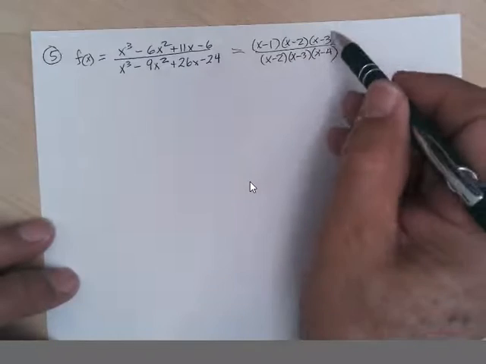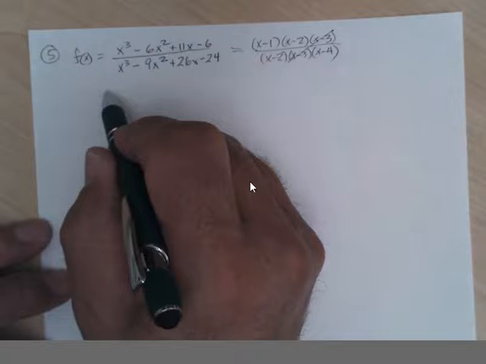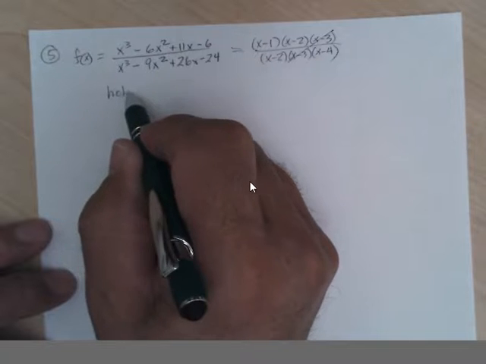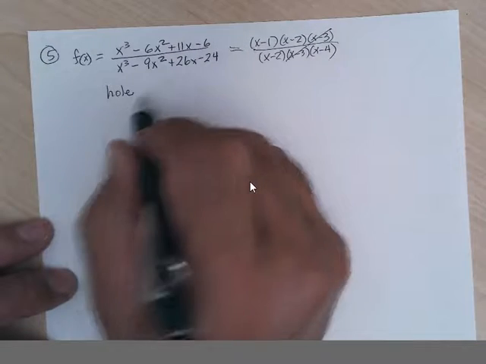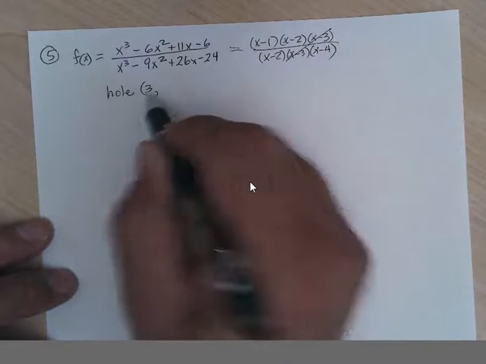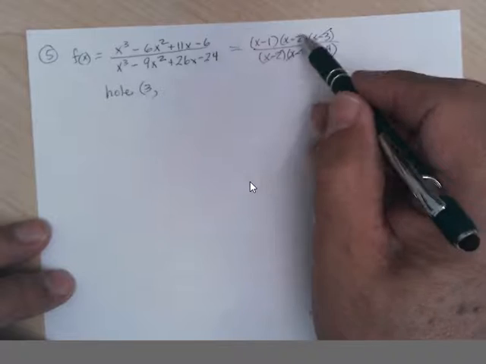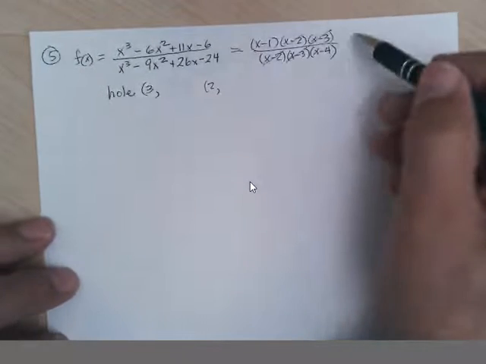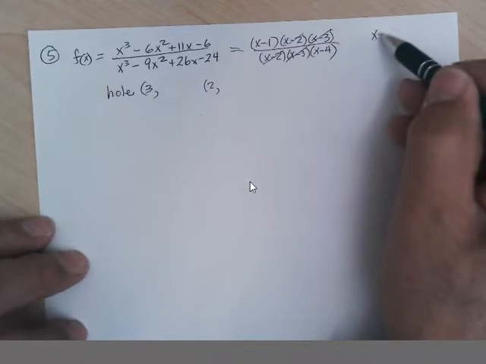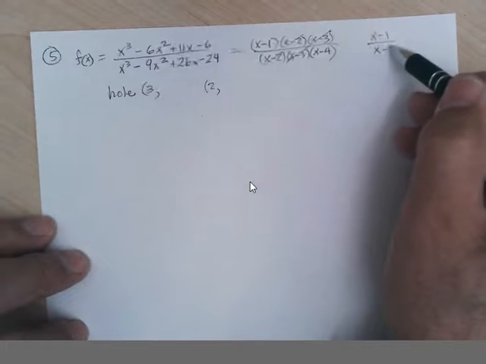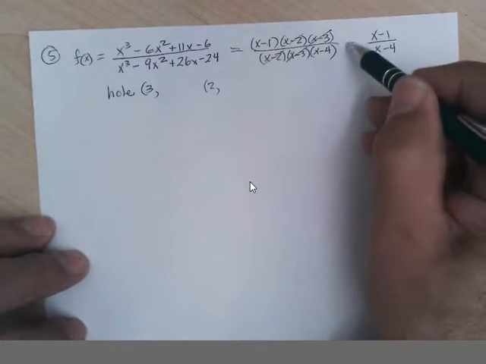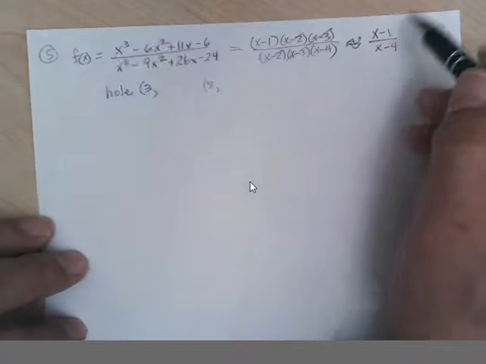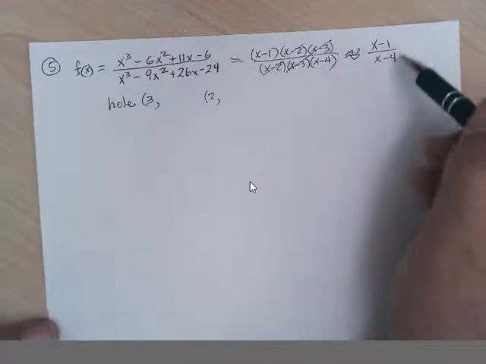So there's a match here, so that's a hole at 3 something, and there's a match here, and so there's a hole at 2 something, and what's left is x minus 1 over x minus 4. That's what this is sort of like, except with the holes in it.